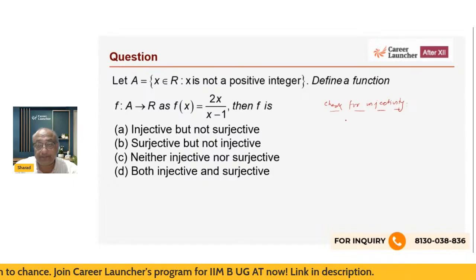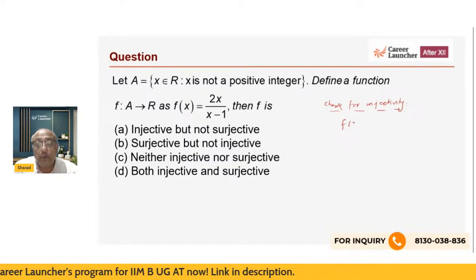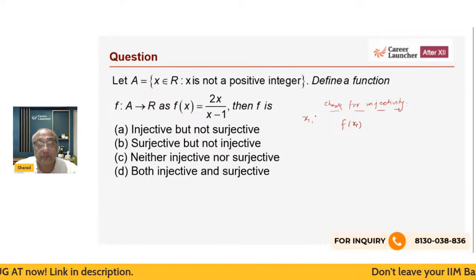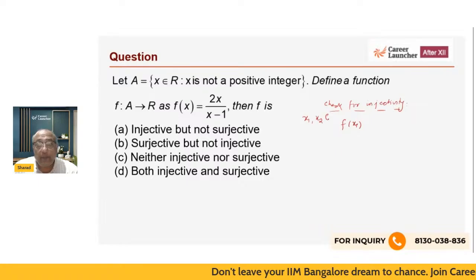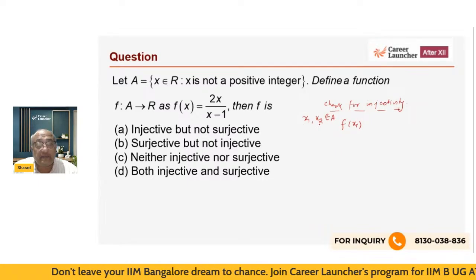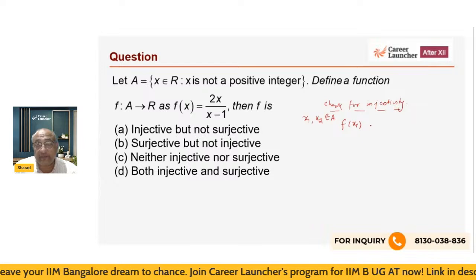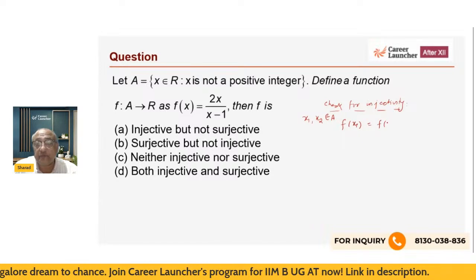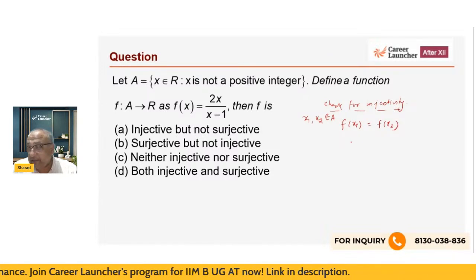It is simple. We take two values x1 and x2 belonging to the domain, and the domain over here is A. We put f(x1) equal to f(x2).